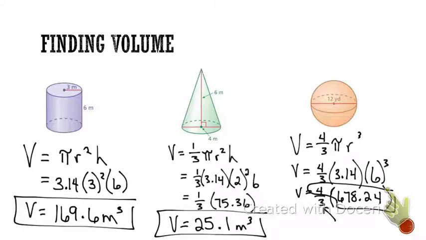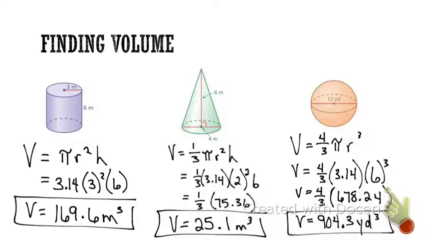Divide by 3. All right, and you get 904.32. But again, round to the nearest tenth. If it's 904.32, then it's just 904.3, and we do yards cubed. Okay, all right, so those are our volume problems.